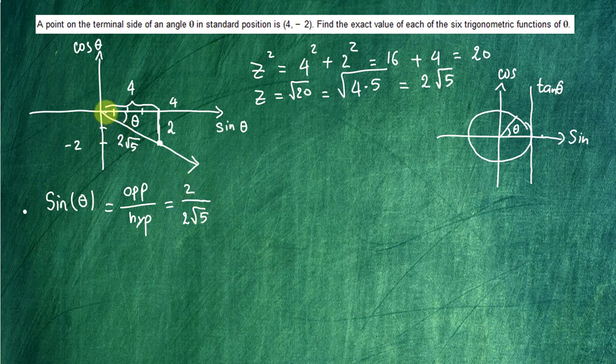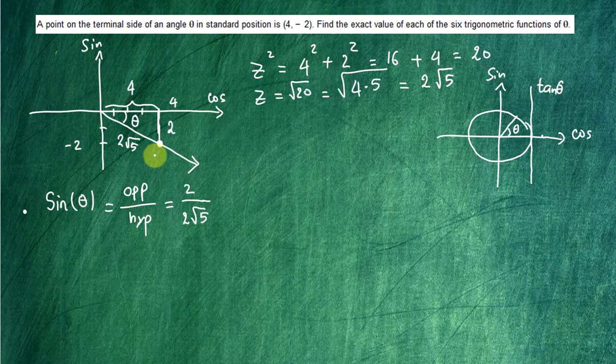Now remember, this is the given point, this given location, and sorry, I made a mistake right here. I mixed up the sine and cosine. The horizontal is the cosine, the vertical is the sine. So this is the sine, this is the cosine.